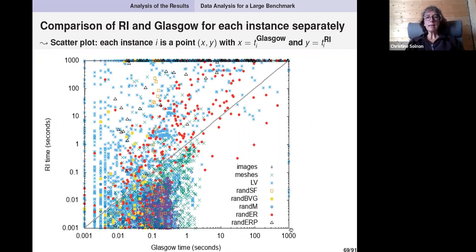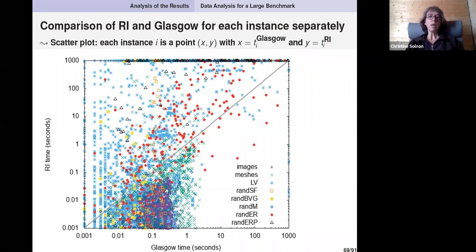Each point corresponds to an instance, and the value x gives the CPU time for Glasgow, and the value y gives the CPU time for Ri. So every point which is below the gray line, which corresponds to x equals y, is solved faster by Ri than Glasgow.